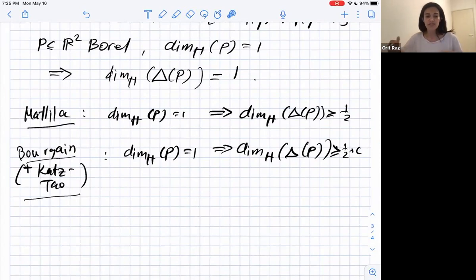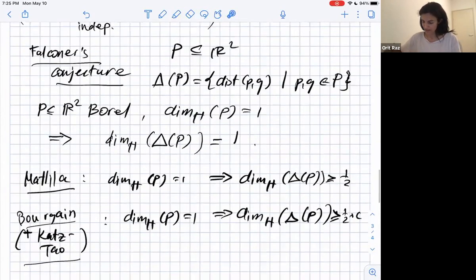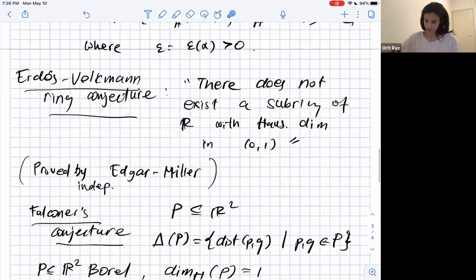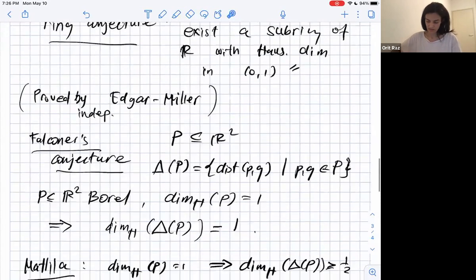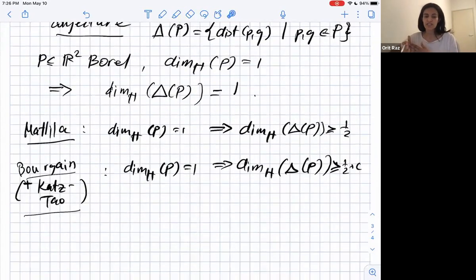So they had some discretized formulation for several conjectures, for Falconer's conjecture with 1/2, and for the ring conjecture again with alpha equals 1/2. They showed that if one proves the discretized versions, then this implies the Hausdorff dimension versions. And then Bourgain proved the discretized version.